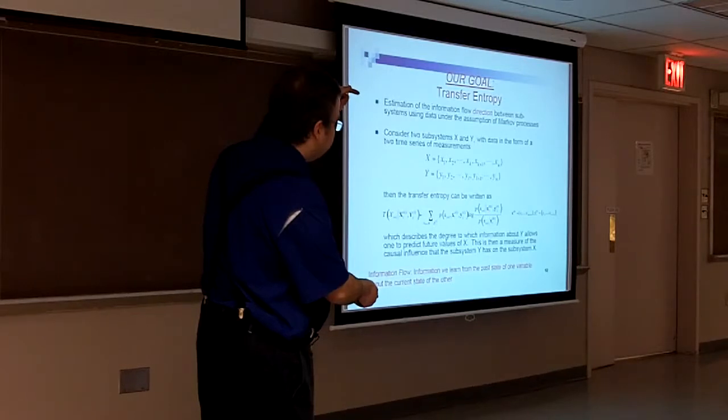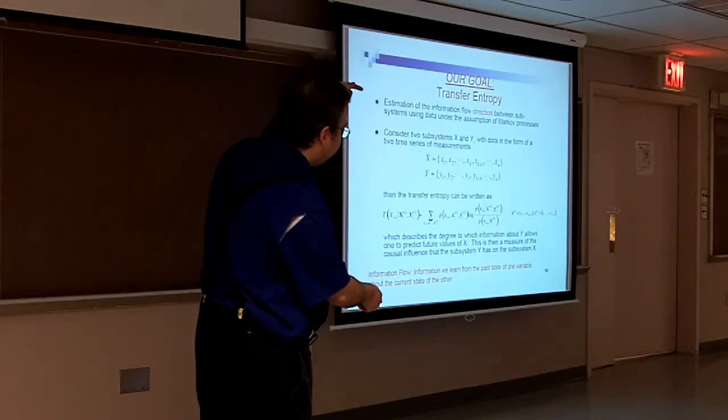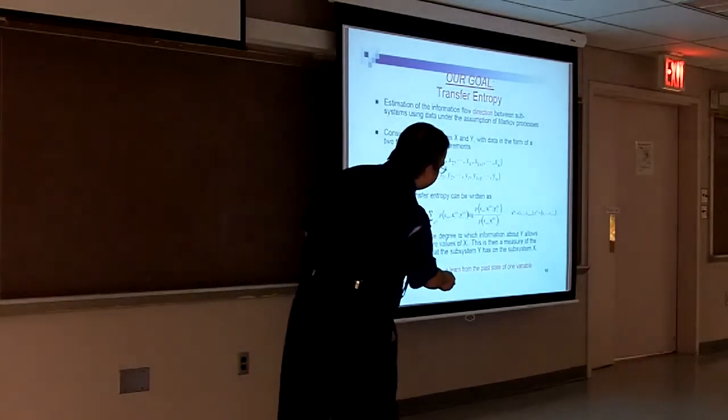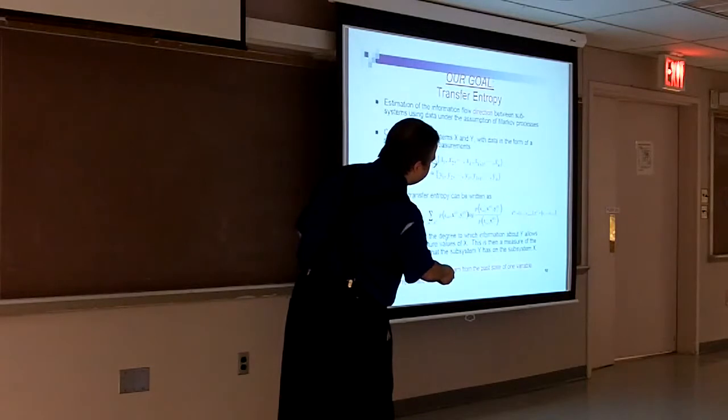Please pay particular attention to this notation. It starts from i, and it includes k past values, and y includes its current value and its past L values.